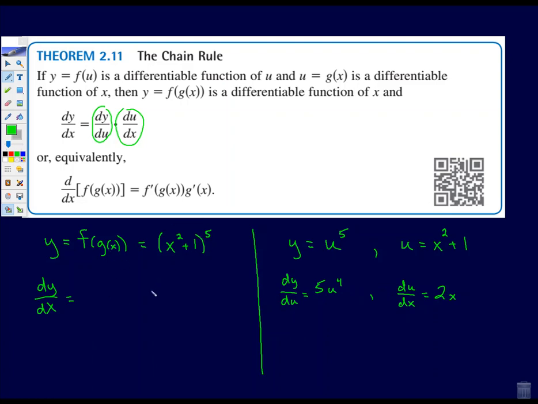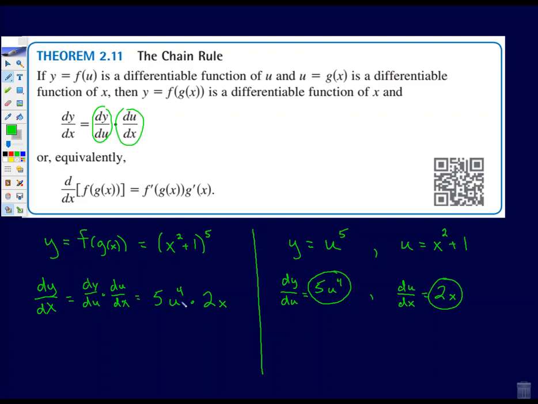So according to this, I'm going to take the derivative, 5u to the fourth, and I'm going to multiply by 2x. Okay, because what's happening there is I'm taking dy du times du dx. So I'm taking this derivative times this derivative.